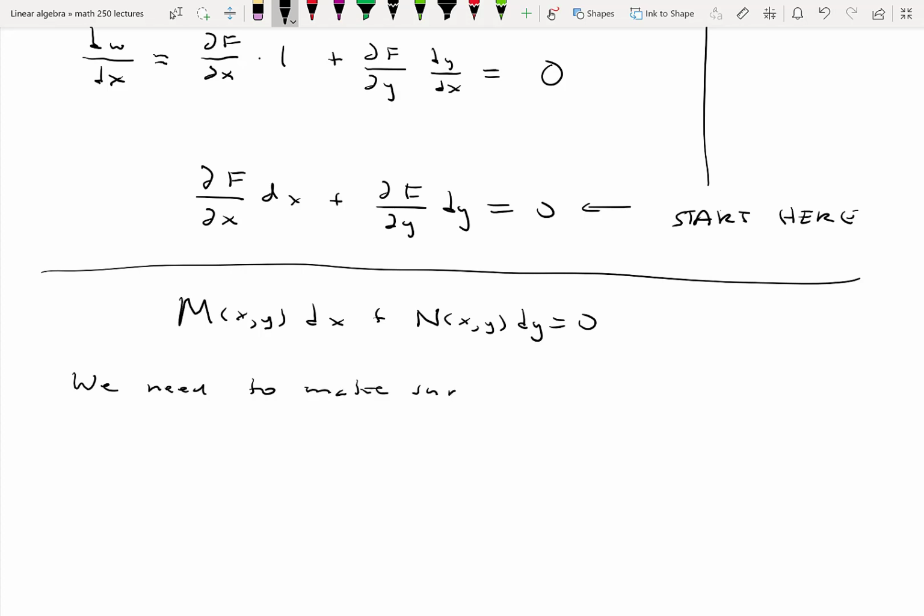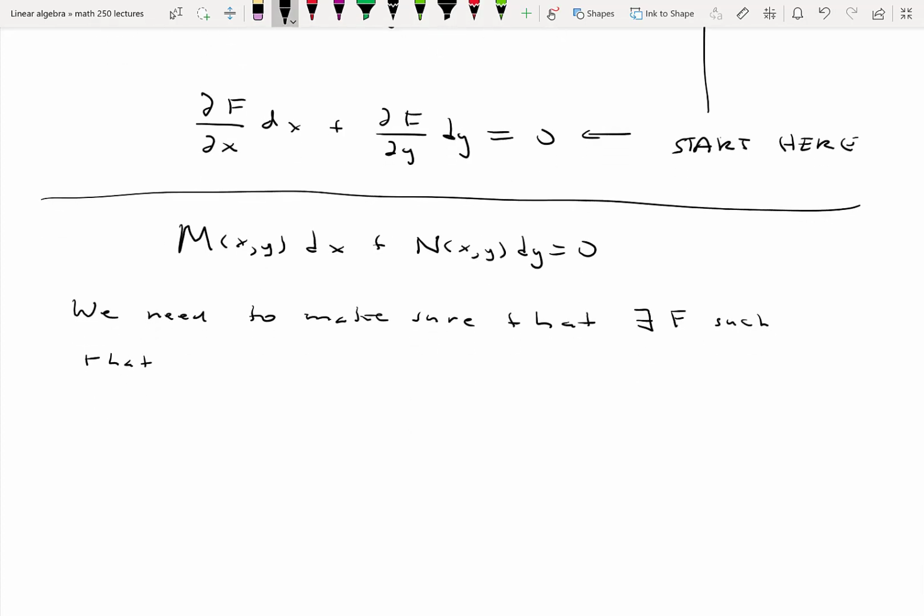It's not always going to be the case, but we need to make sure that there exists some function f such that M is the partial derivative of that function with respect to x, and N is the derivative of that same function with respect to y.